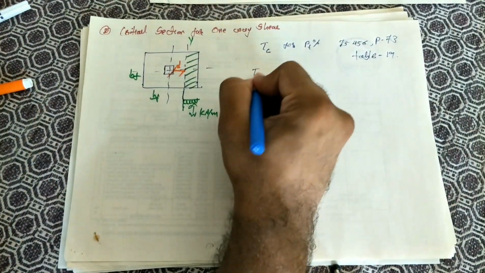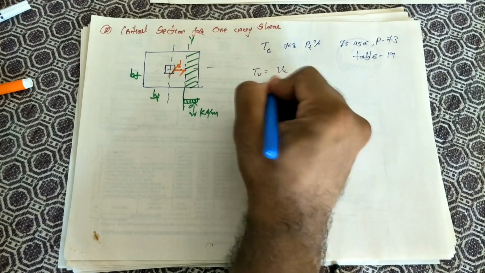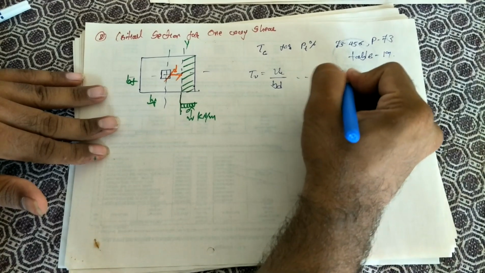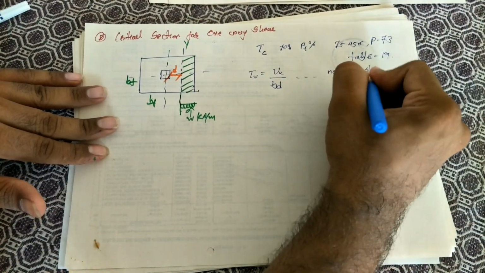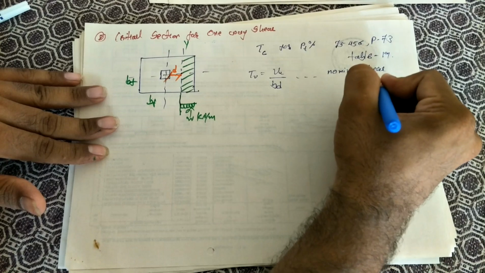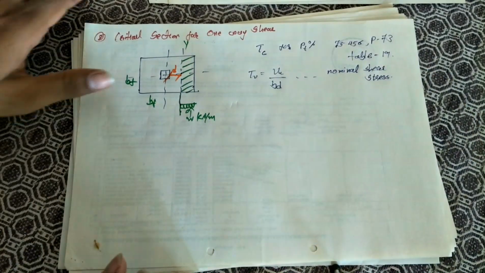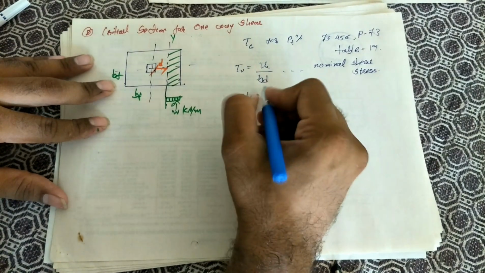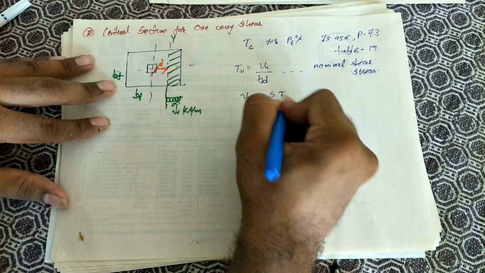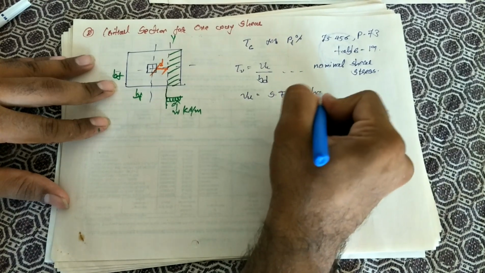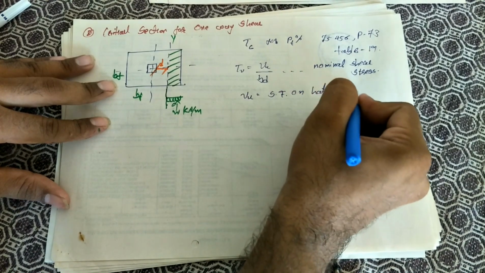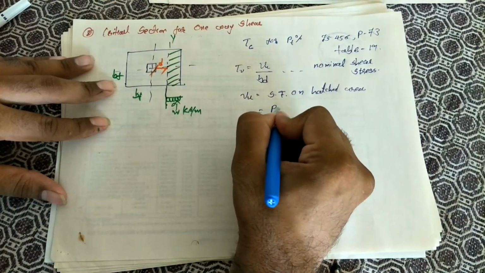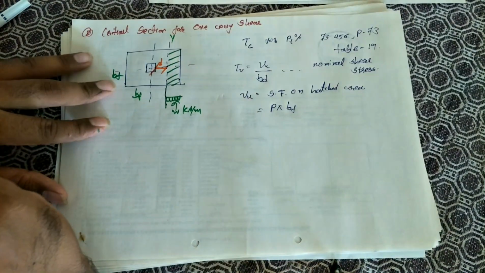We also know that tau v is equal to VU upon BD. This is the nominal shear stress, where VU is the shear force on the hatched area, that is the net upward pressure into the width of your footing.